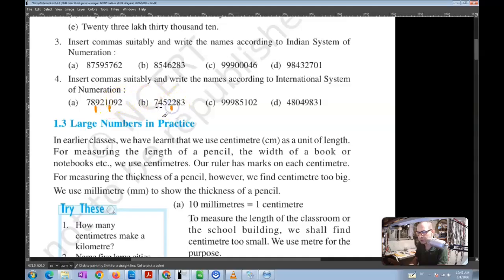This number would be 7,452,283. This number would be 99,985,102. This number would be 48,049,831. Okay.